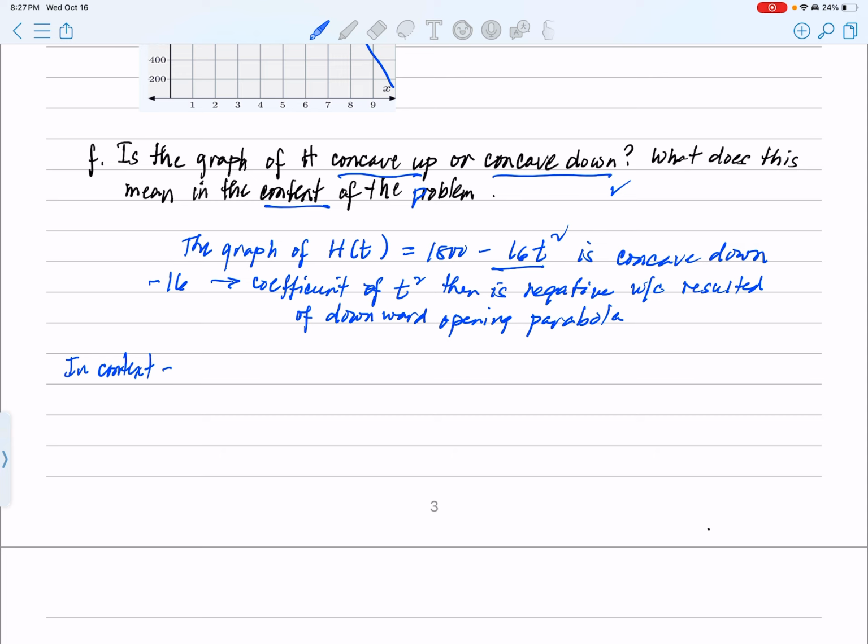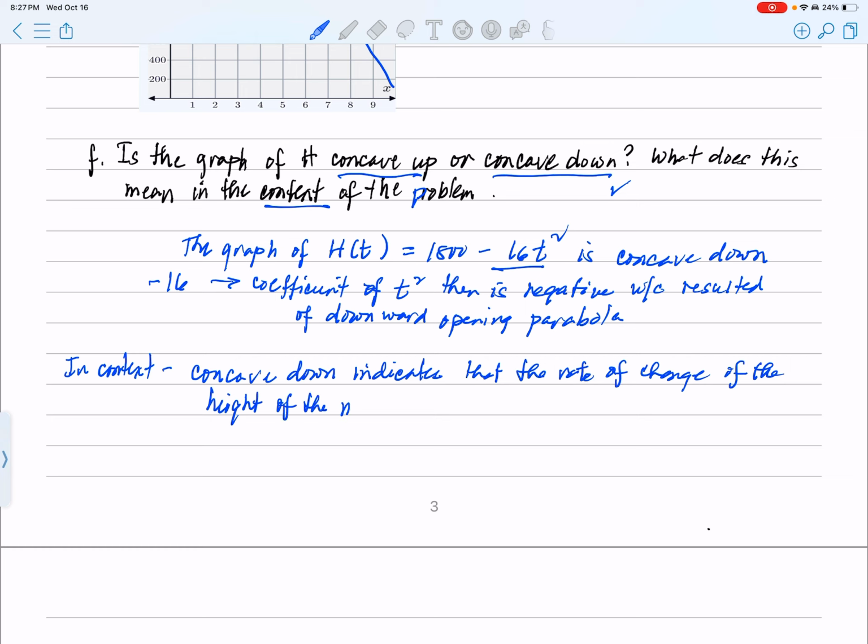So you would say that the concave down indicates that the rate of change, what can you say about the rate of change when it's concave down? Rate of change of the height of the marble is not constant, right?